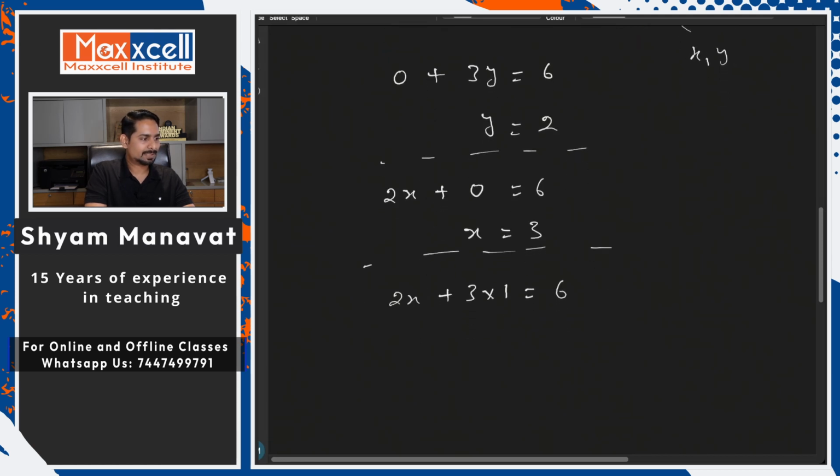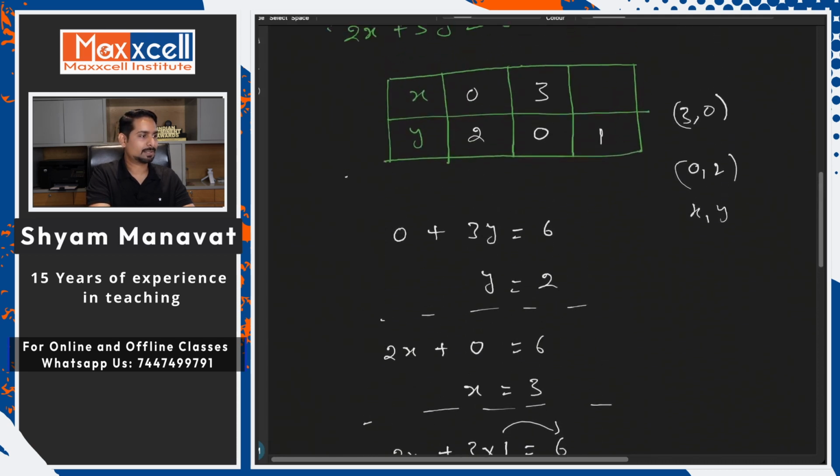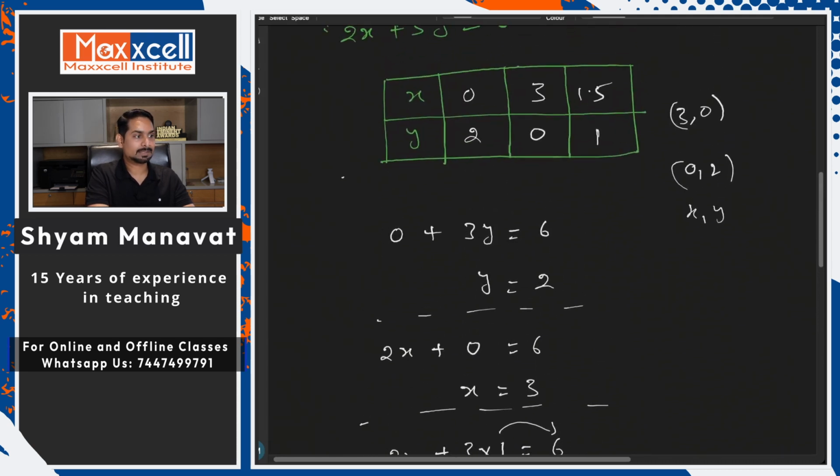So 2x equals, you know how to solve a one variable equation, right? 3 will go to the other side, plus 3 will become minus 3. 6 minus 3 will get you 3. So x will be 1.5. Here you got x equal to 1.5, the third coordinate, the third point.